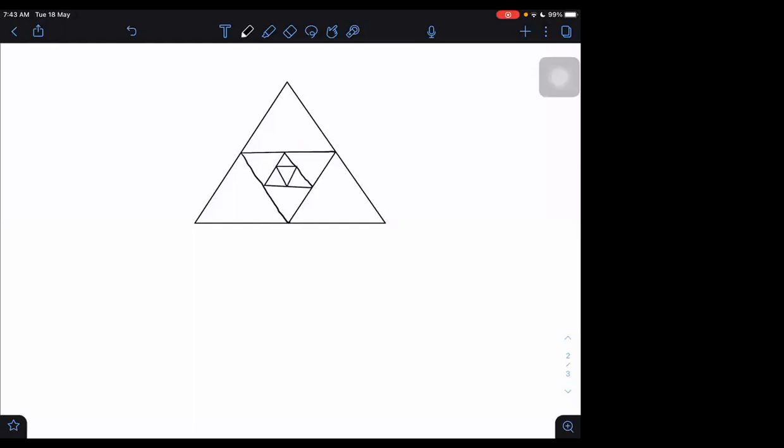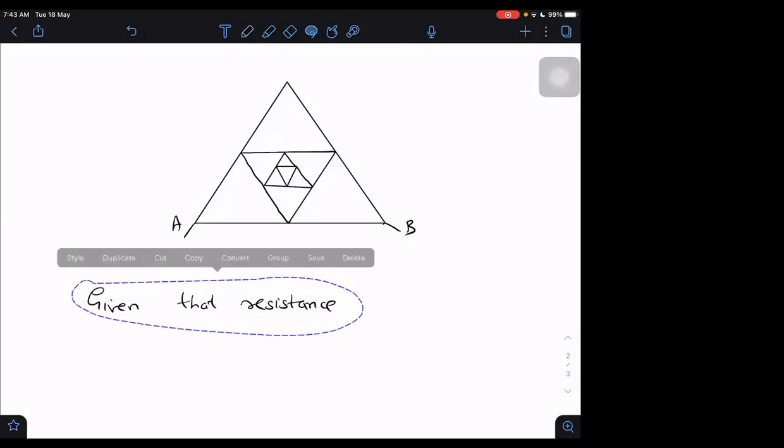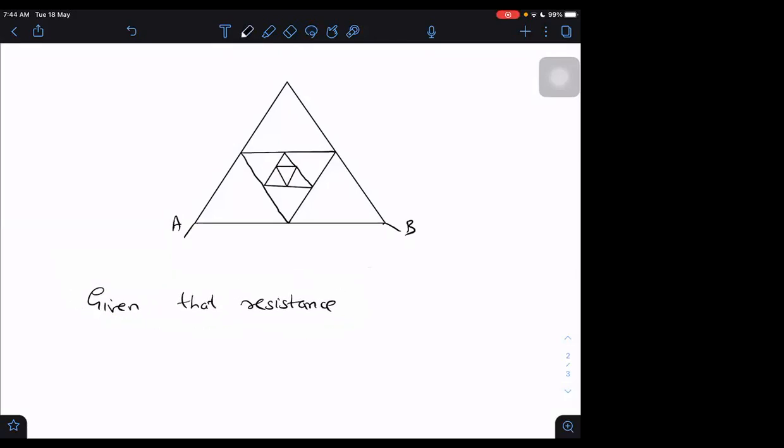In this case, we have to find the resistance between A and B, given that the resistance per unit length is R. Sorry, not A, A is the side length actually.